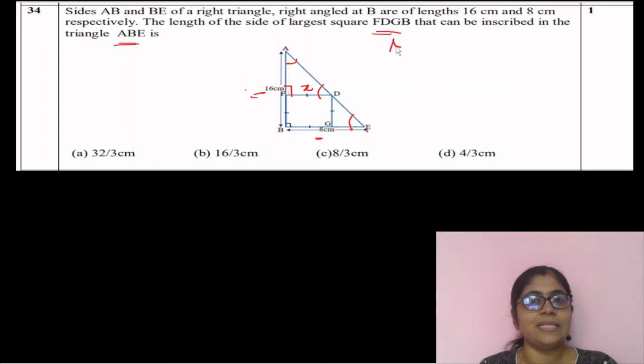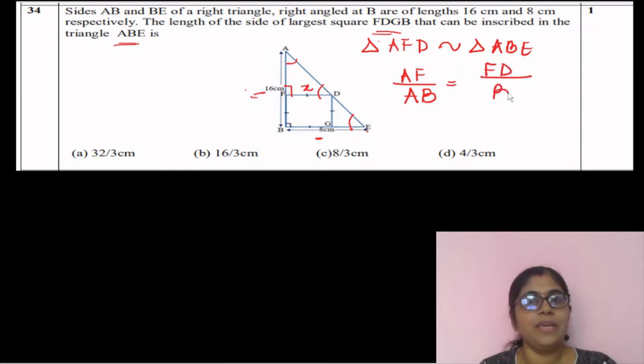So we can say triangle AFD is similar to triangle ABE. So that means AF by AB equals FD by BE. So what is AF?